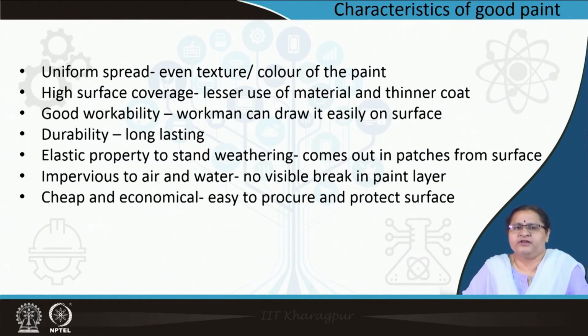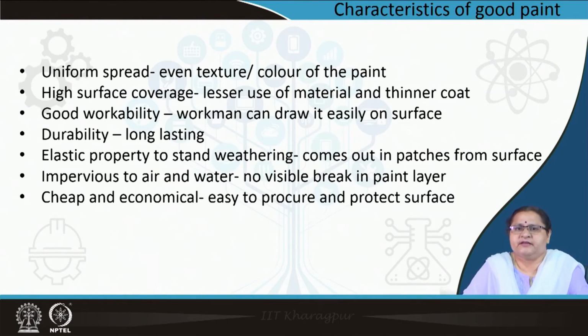Further, paint should be cheap and economical, easy to procure and protect the surface for a longer duration of time, because it is not a very easy job to keep on painting a building now and then. Particularly buildings which are public in nature, there is a program, say every 5 years, 10 years, you actually repaint it.